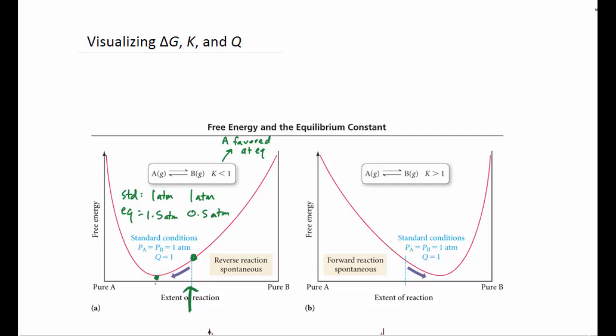Free energy is what ultimately determines what happens spontaneously. So we would call that non-spontaneous, because if we mark B as the product, we are going away from B, right? So the free energy decreases, okay? This right here is delta G, going from standard conditions to equilibrium right here.